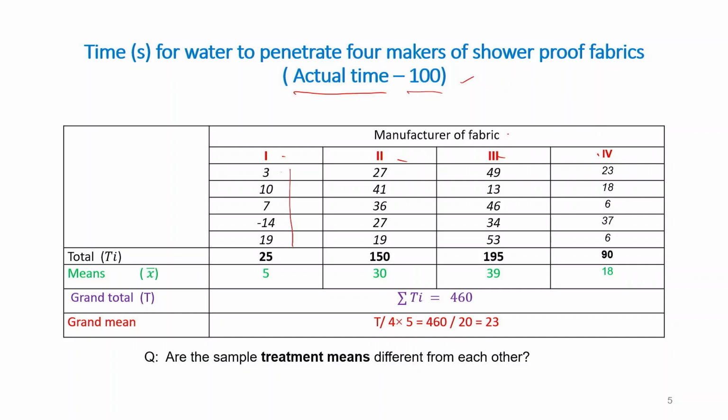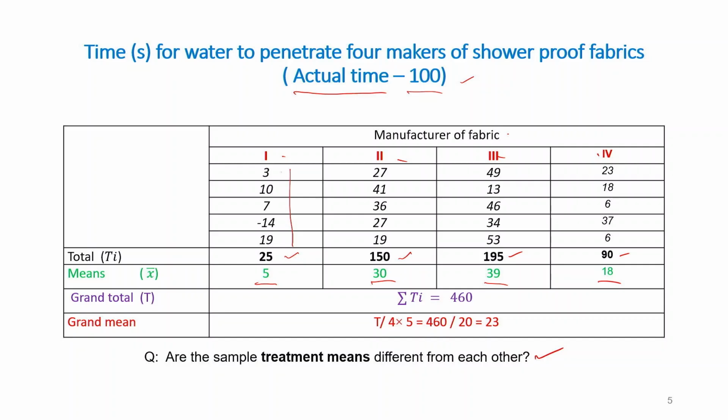And then we find out the means. To find the means, we first have to find the total value. These are four different manufacturers, and the respective means are 5, 30, 39 and 18. So now the question is, are the sample treatment means different from each other?